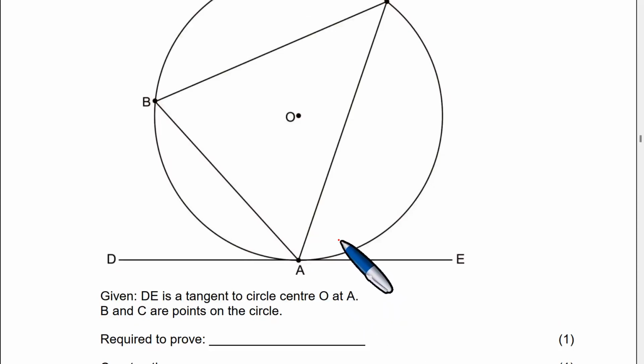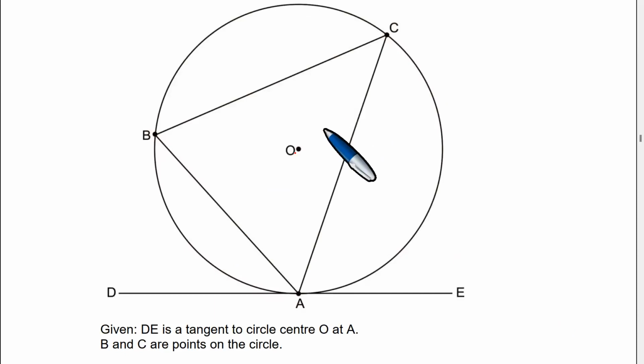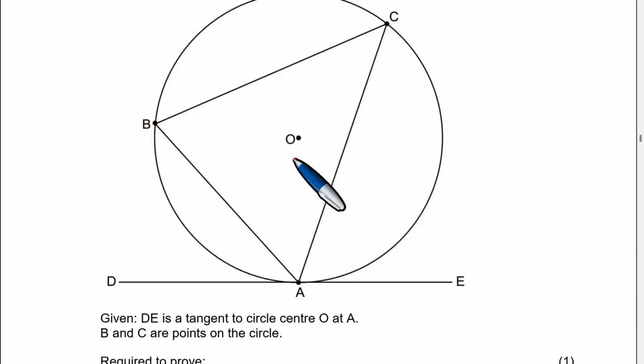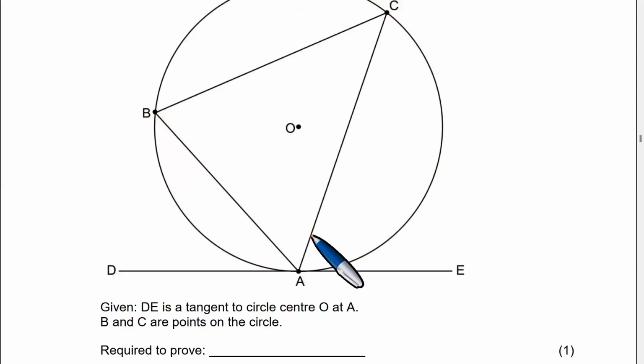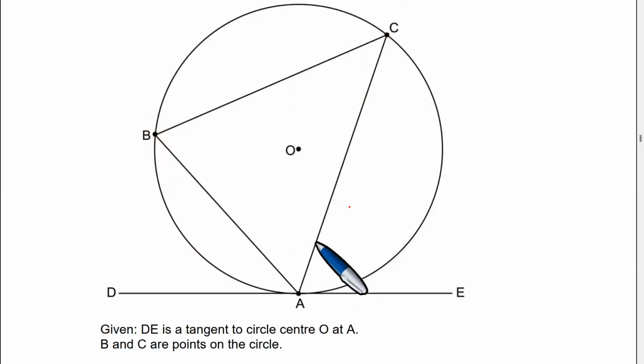Either we prove that this angle here equals angle B, or this angle here equals angle C. So there are basically two ways to state this, and we can just state one of them. So we're going to prove that angle, for instance, CAE is equal to angle B.